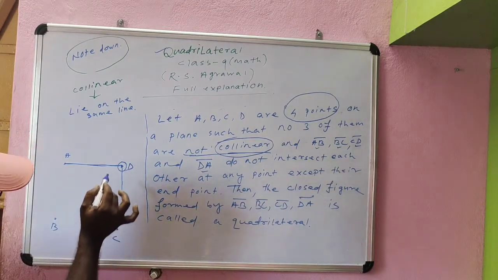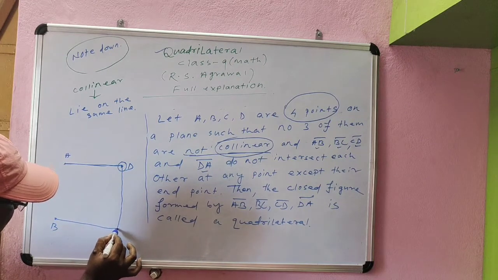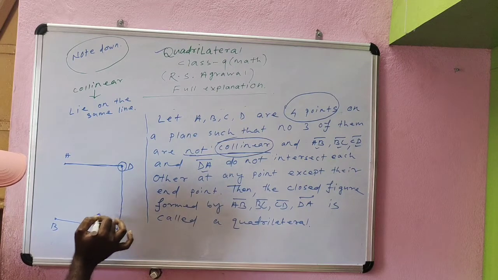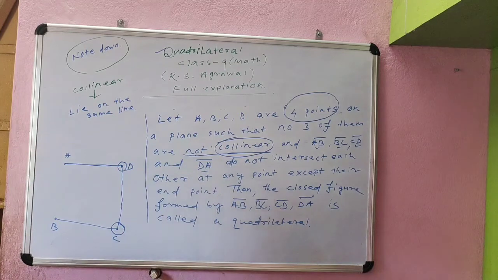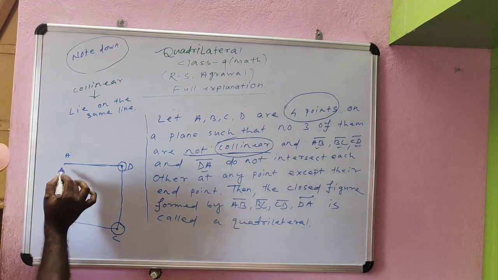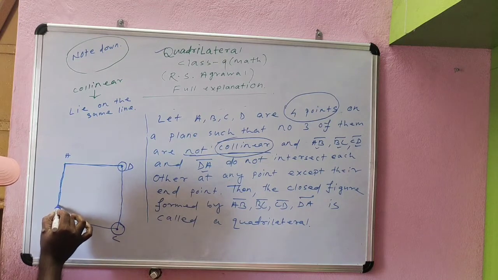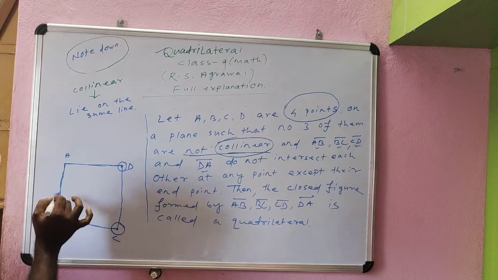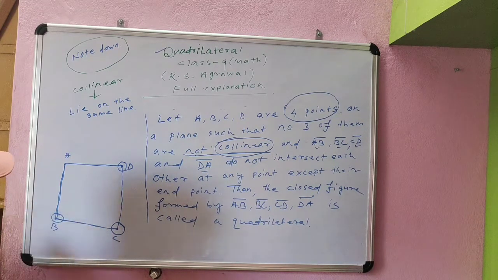Similarly, if you check the line segments DC and BC, then you see that these two sides only intersect at the end point, that is C. Similarly, AB line segment and BC line segment only intersect at their end point.